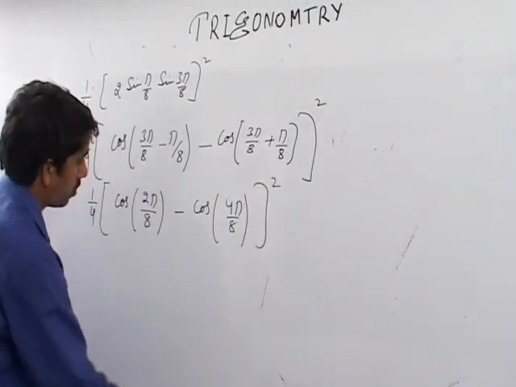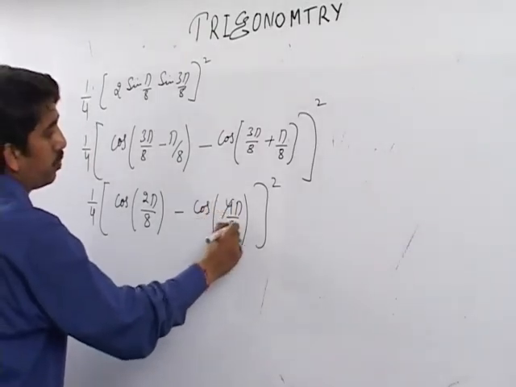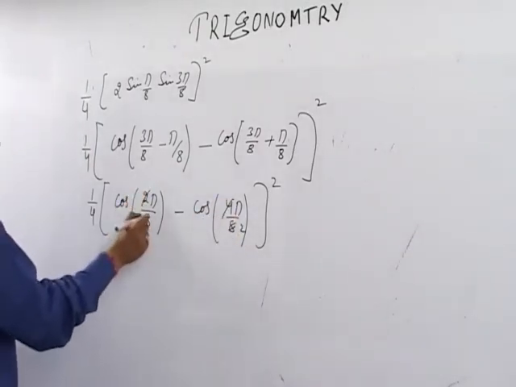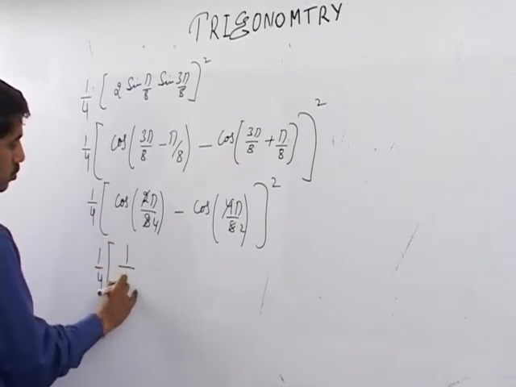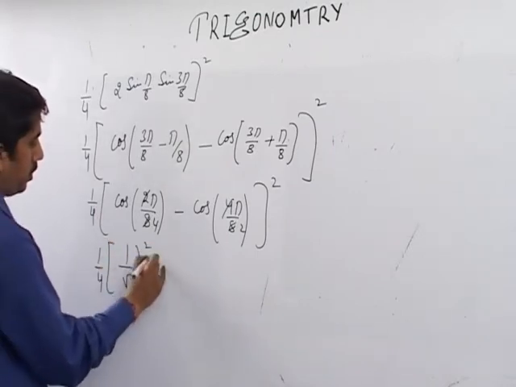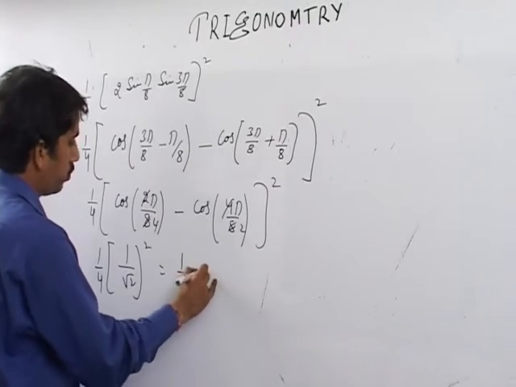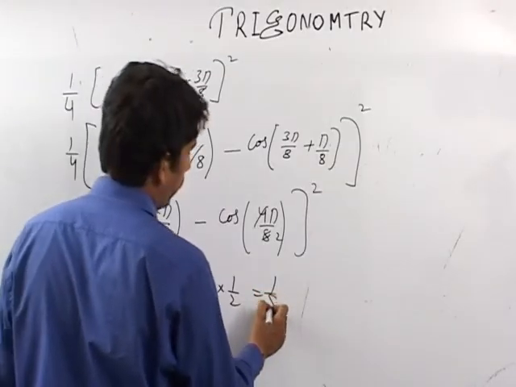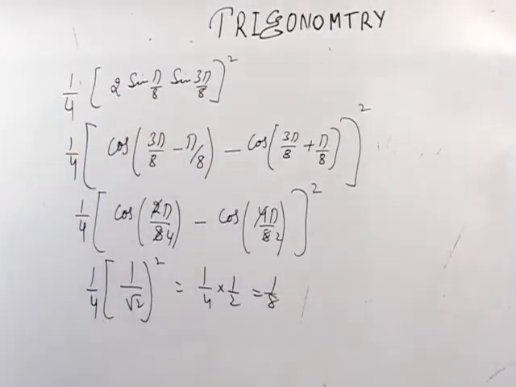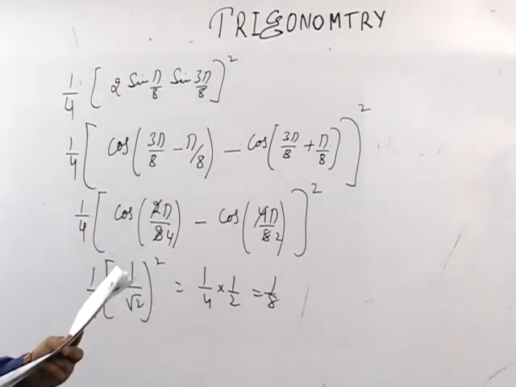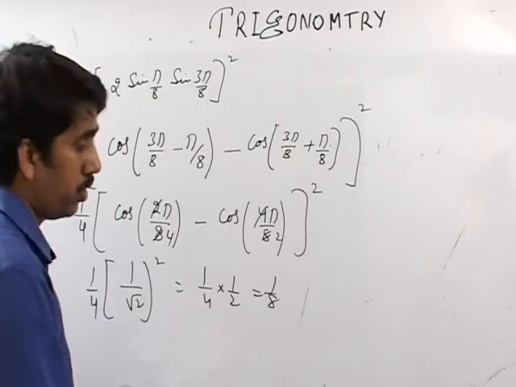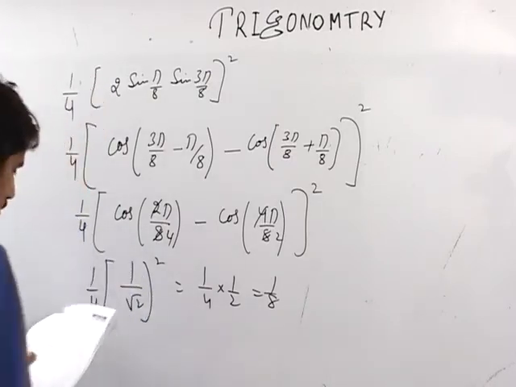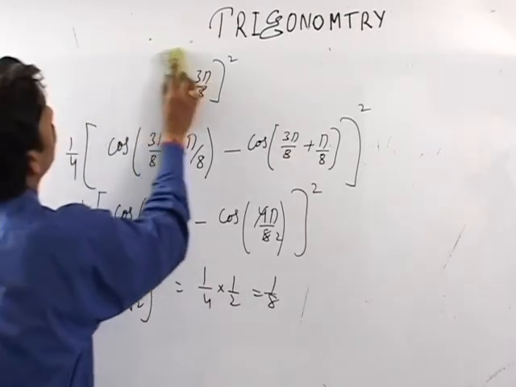Now this is pi by 2 and cos pi by 2 is 0. This will be cos pi by 4. So this will be equal to 1 by root 2 whole square. And this will be equal to 1 by 4 into 1 by 2, which will be equal to 1 by 8. So this is the value for 1 plus cos pi by 8, 1 plus cos 3 pi by 8, 1 plus cos 5 pi by 8 into 1 plus cos 7 pi by 8.